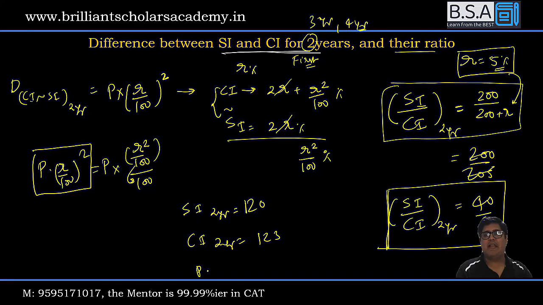You will be asked, can you find the principal? So what I will end up doing is I will divide these two. 120 upon 123 is equal to 200 upon 200 plus R. I will directly get the value of R and I can take it in reverse from there.